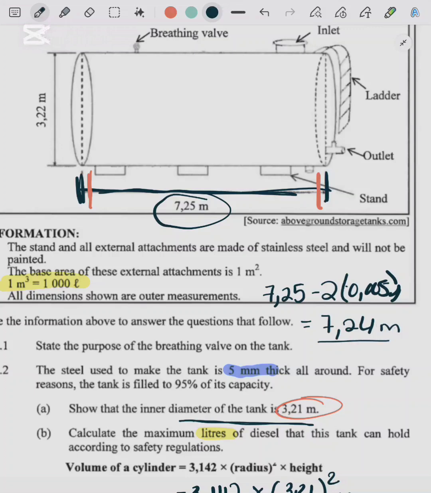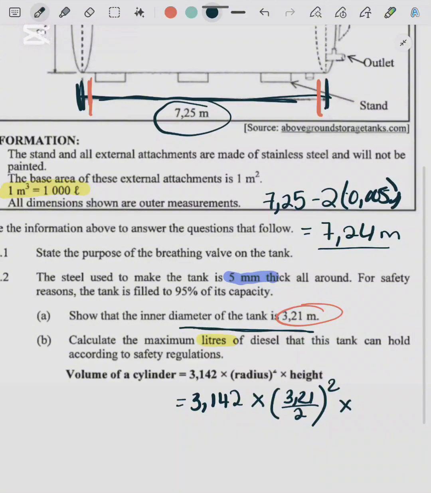Remember, height in the formula for volume can also mean depth, can also mean length. It is basically the space between the two matching sides. So the two circles, the space between them. Okay, so then when I multiply by height, I'm going to say times by 7,24.